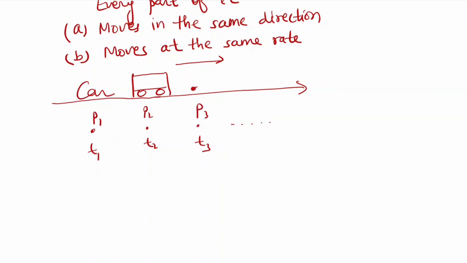Or in other words, we are able to tell the position of the particle at various points of time, and thus we have described the motion. So that is all about motion.